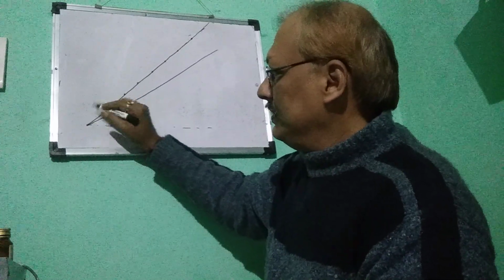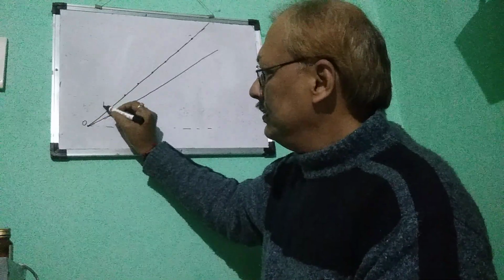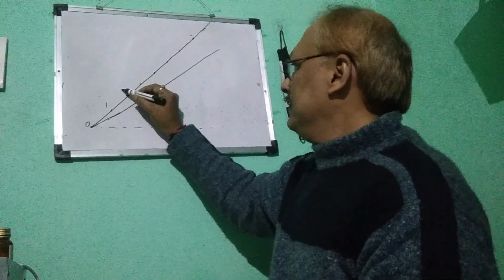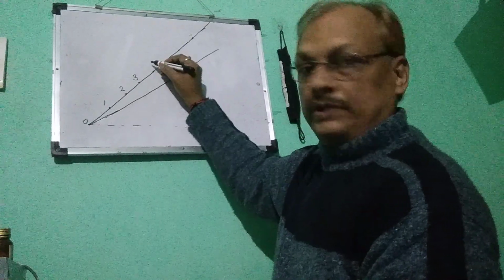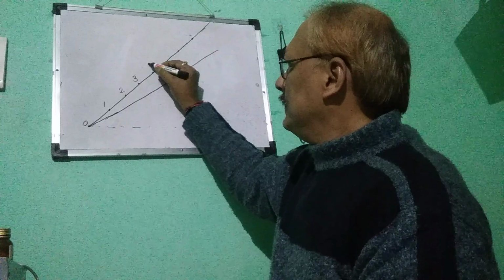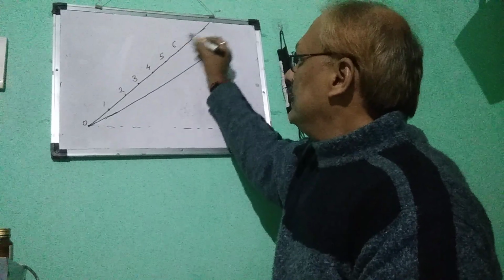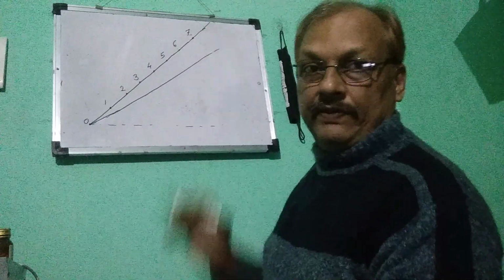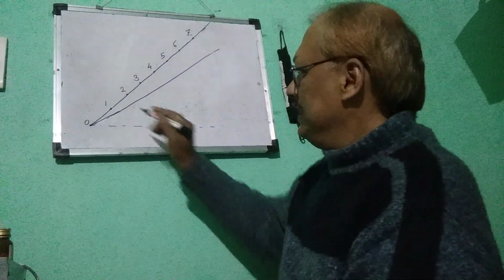So first I am writing the numbers 0, 1, 2, 3, and 7. Board is small, but knowledge not, of course.